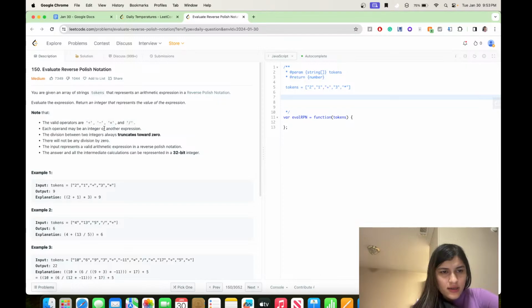These are the valid operators, and each operand may be an integer or another expression. The division between two integers always truncates towards 0. Suppose it is 13 divided by 5.